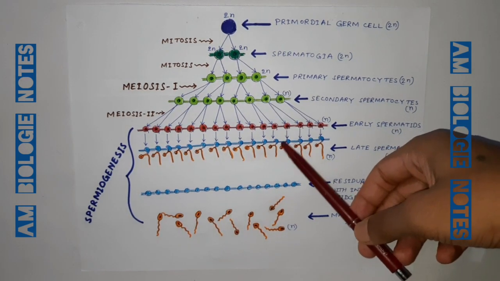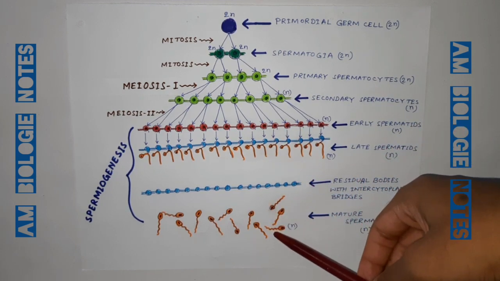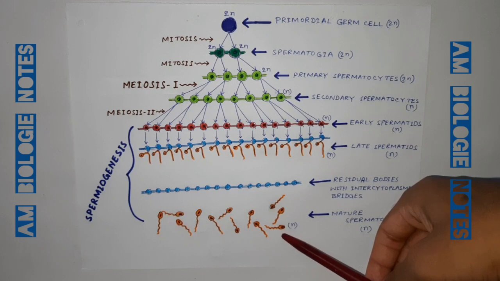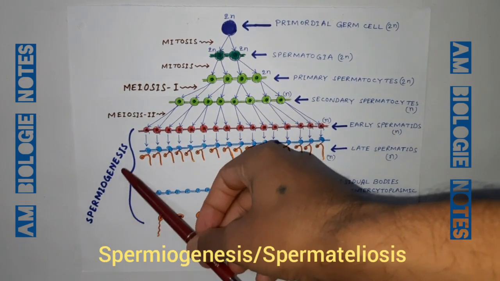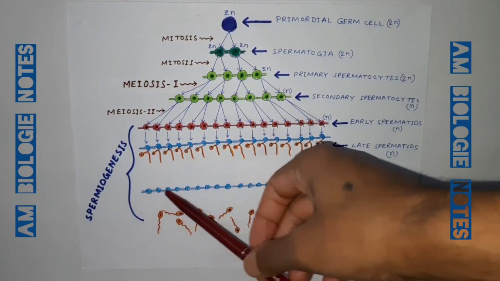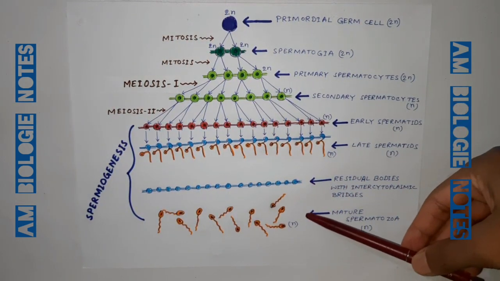The extensive cell remodeling that occurs during differentiation of the spermatid population into mature sperms is known as spermiogenesis or spermateliosis. This remodeling phase is not so simple.